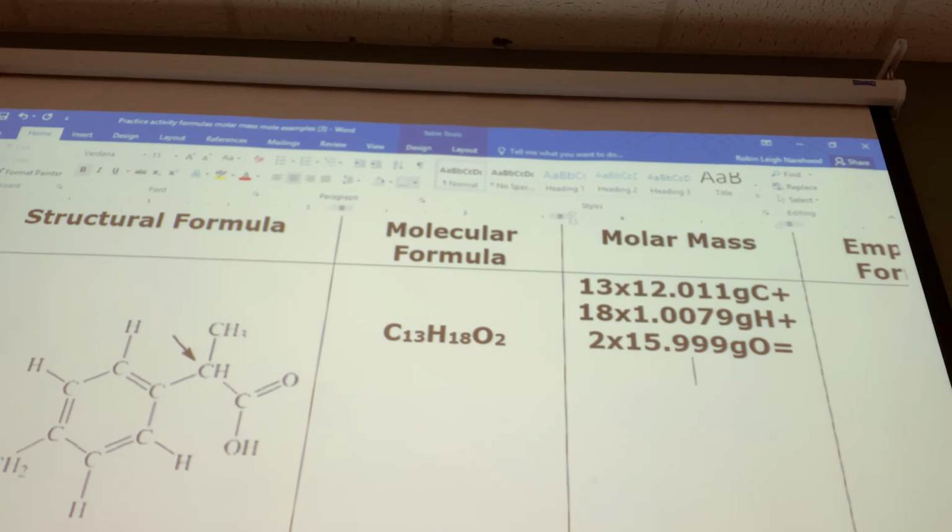And we're not going to round or anything, so it's 13 times 12.011 plus 18 times 1.0079 plus 2 times 15.999 equals 206.2832, and that's grams, and it's of the whole formula.